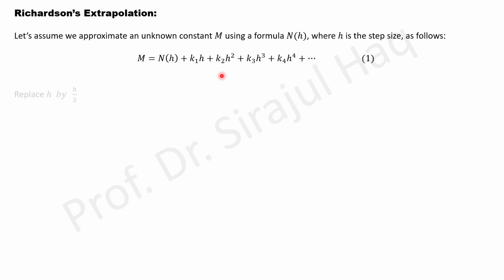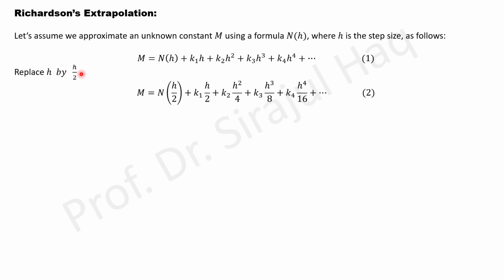What Richardson is doing is replacing h which appears in equation number 1 by h by 2. So what will happen? The form will transform to this: this h will be replaced by h by 2. When h is replaced by h by 2, h square will be replaced by h square by 4.